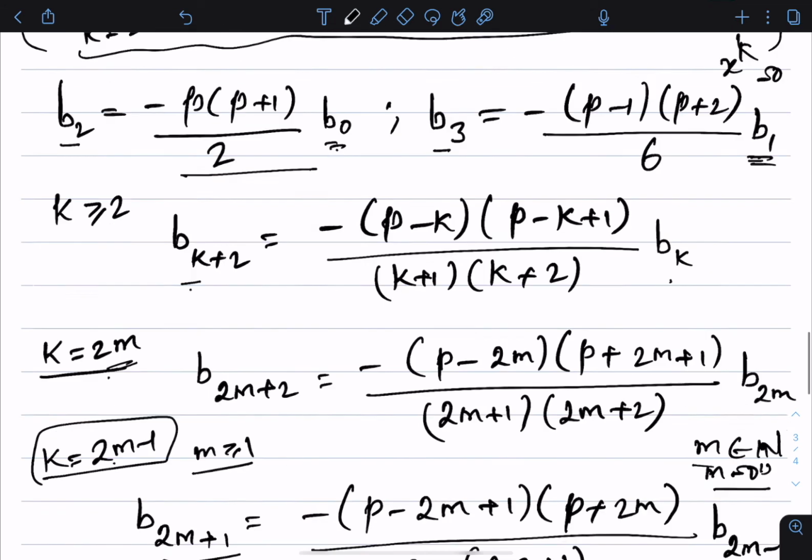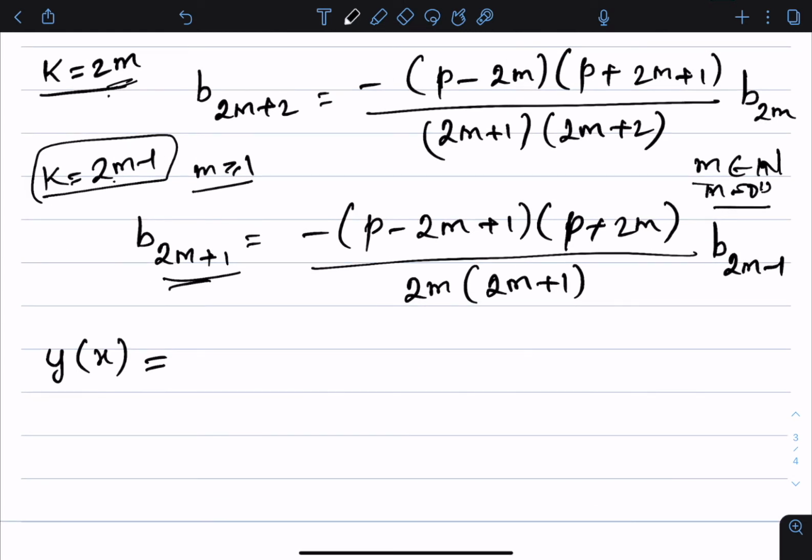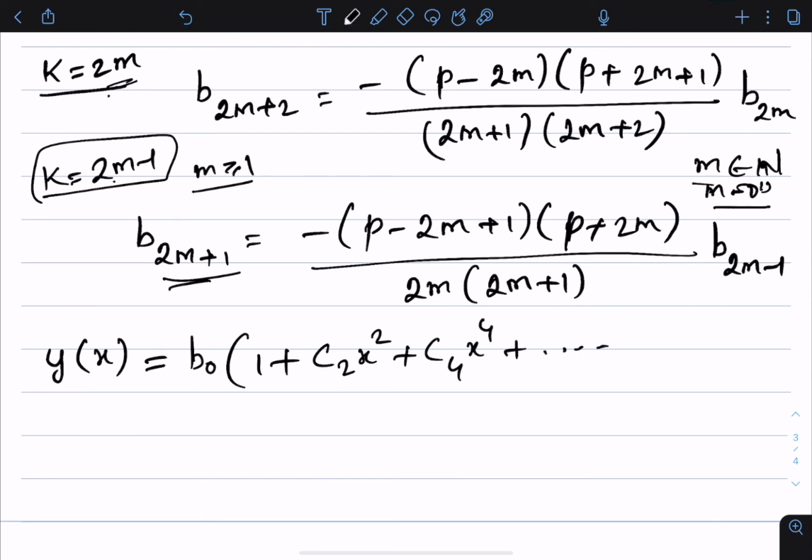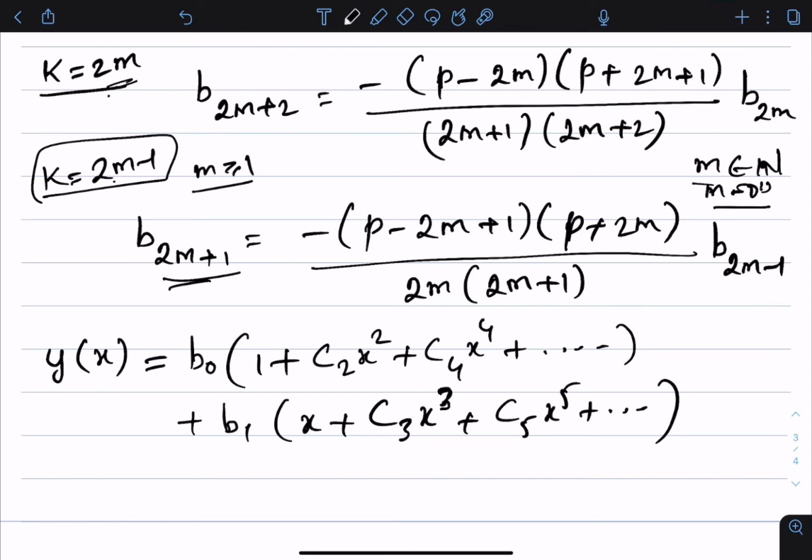So if you segregate those terms, you can write it as b0 times (1 plus c2 x squared plus c4 x to the power 4 plus so on) plus b1 times (x plus c3 x cubed plus c5 x to the power 5 and so on). This is what you will get.